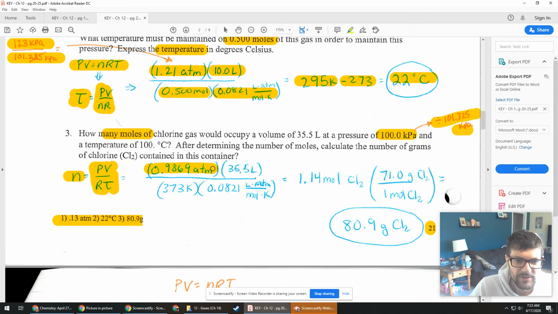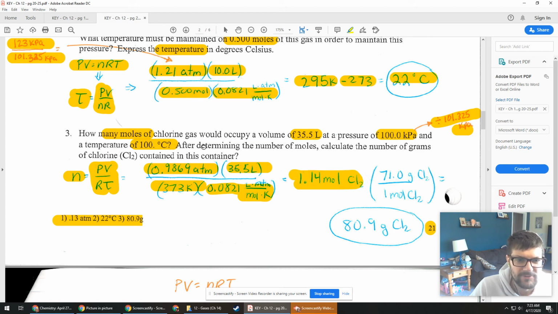That's where this number here came from, me converting that to atmospheres. I've got my volume in liters, so no conversion necessary. I've got my temperature in Celsius, so I'm going to add 273 to make it Kelvin, and I've got my gas constant. When I do that, it's going to spit out a number of moles.